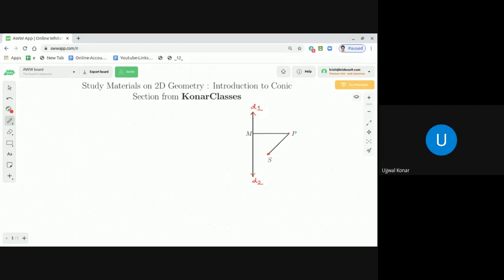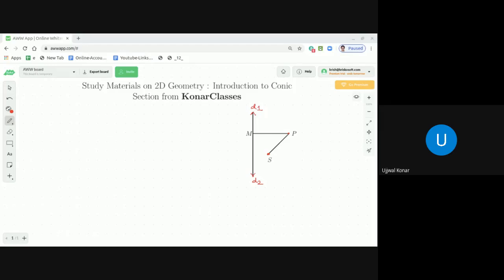The point P is moving in such a manner that its distance from a fixed point S is in constant ratio to its distance from a fixed straight line, subject to the condition that the fixed straight line is not passing through the fixed point, which is obvious in this case.